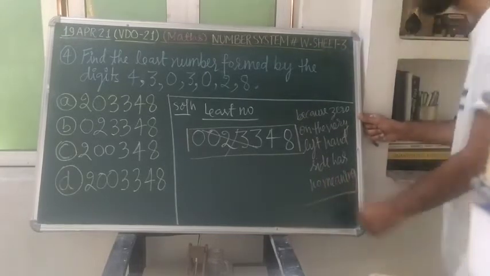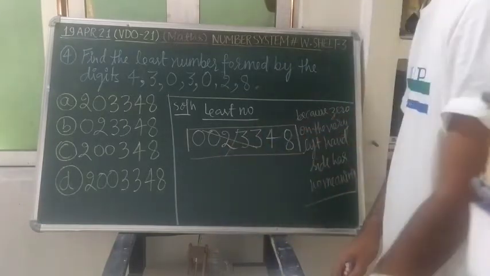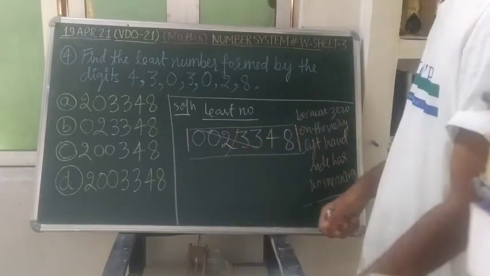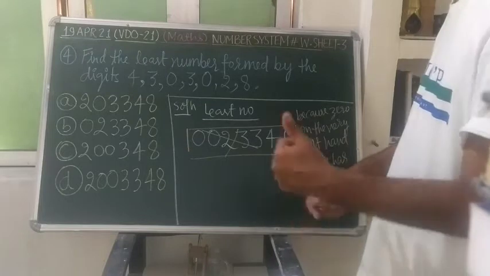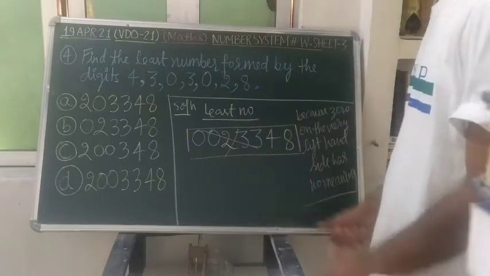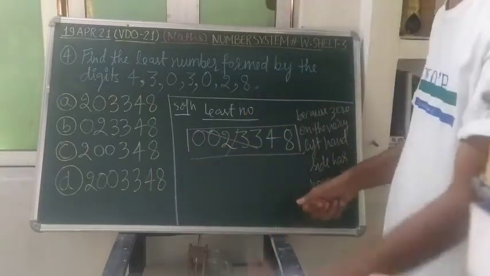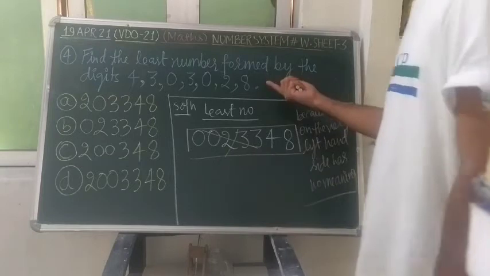So what should we do? First we should not select the 0. We should move to the number which is bigger than 0 present in the problem. So 0 we can't write on the very left-hand side. So we will move to the 1. Is 1 present in the problem?